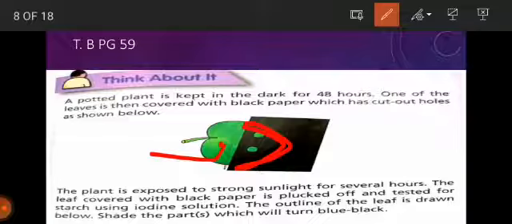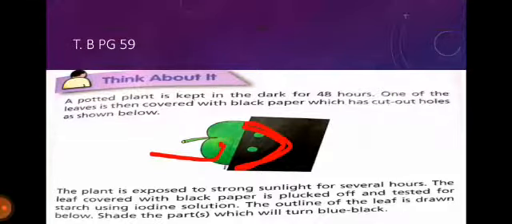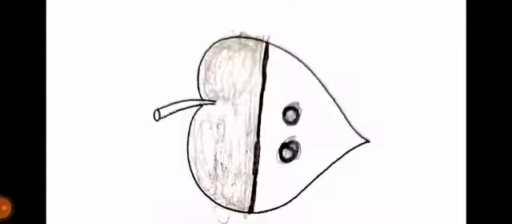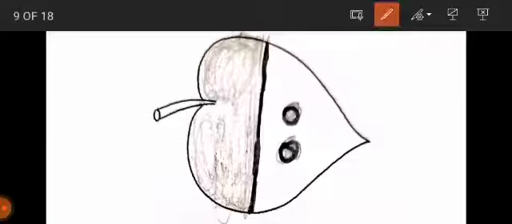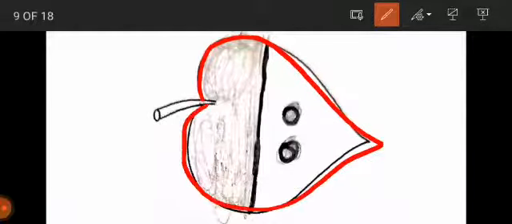it changed its color. Okay, now below this picture there is a leaf drawn, and they are asking which part of the leaf was able to make the food. So what do you think? This part was covered with black tape, so it will not receive the sunlight, so it will not make starch.